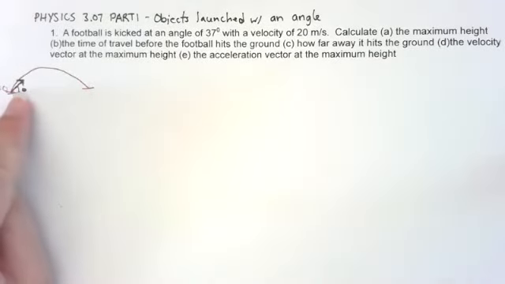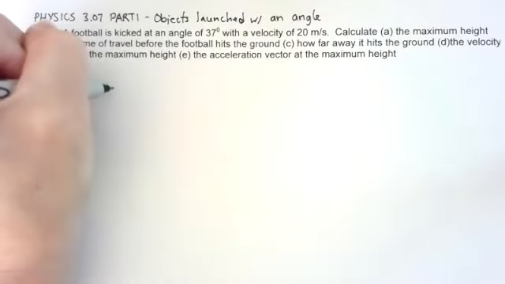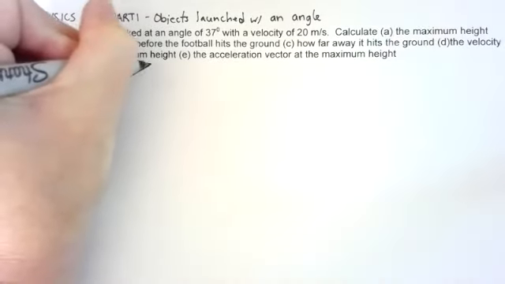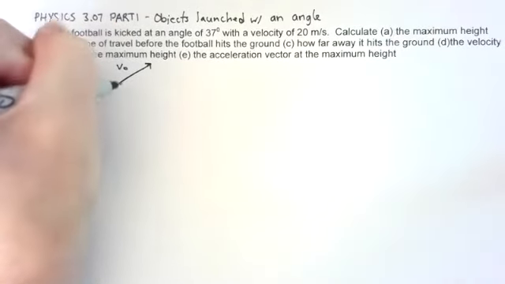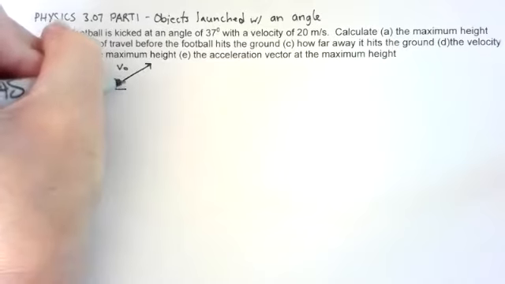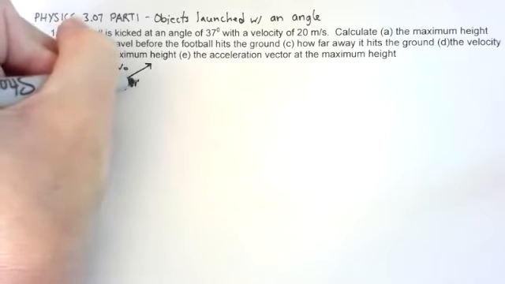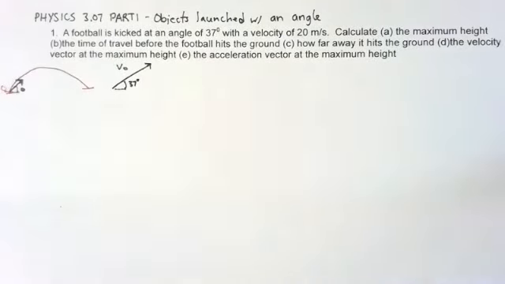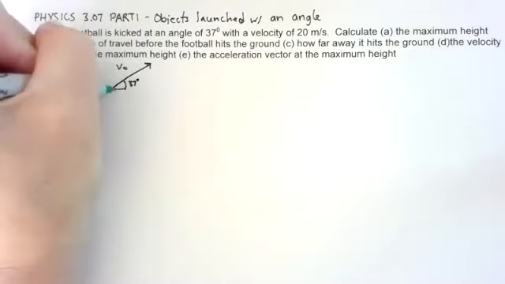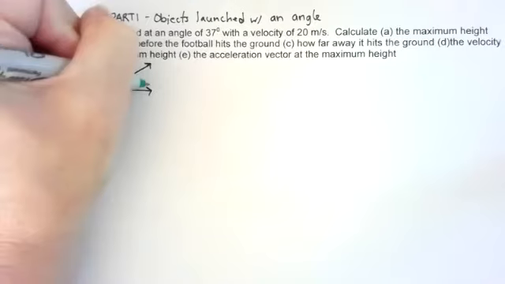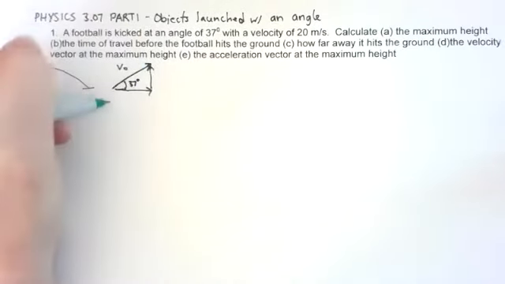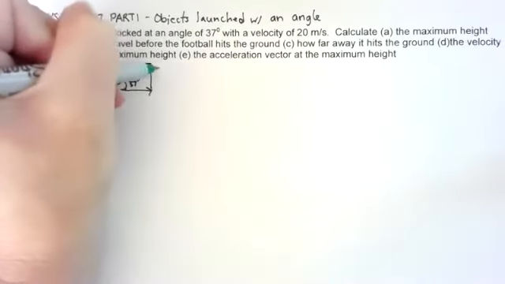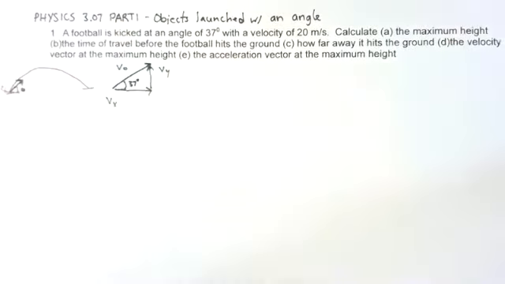Now, that means that for this vector, and I'm going to redraw it, the initial velocity is going to have a component in the horizontal and a component in the vertical. So we're going to have Vx and Vy.